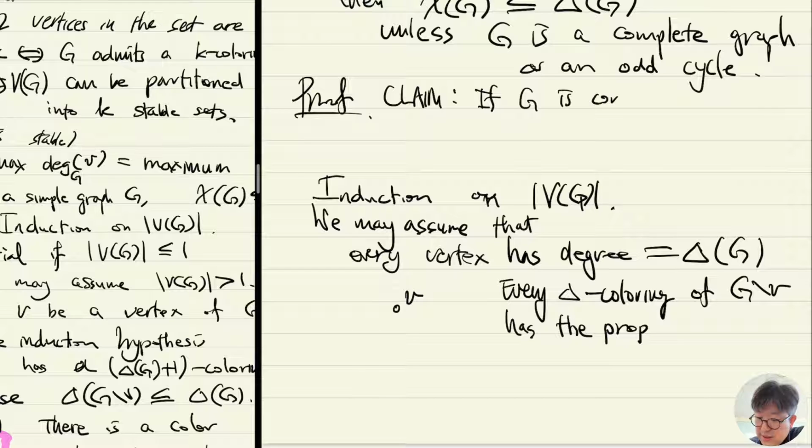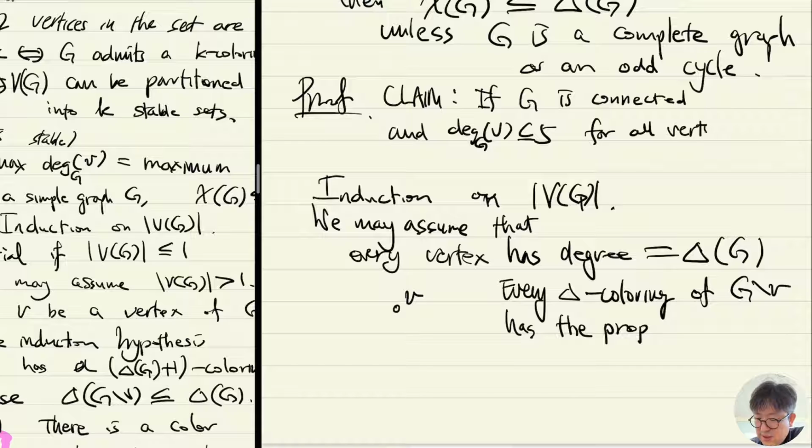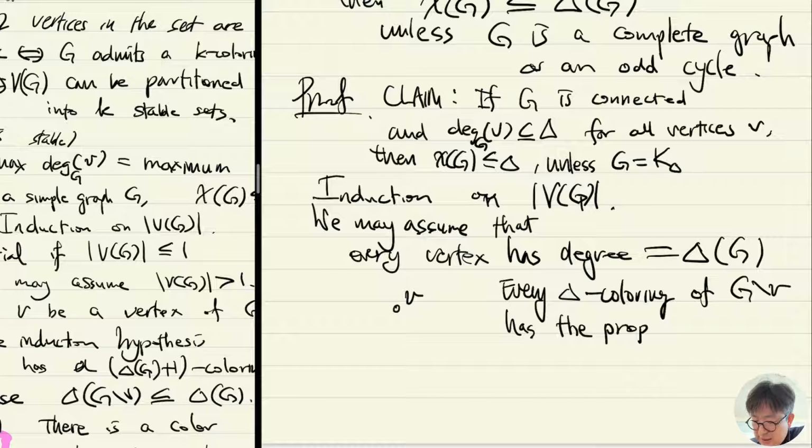G is connected and degree of vertex V of G is at most delta for all vertices V, then chromatic number of G is at most delta of G unless G is K delta plus 1 or G is an odd cycle.